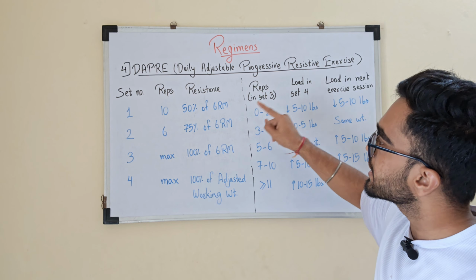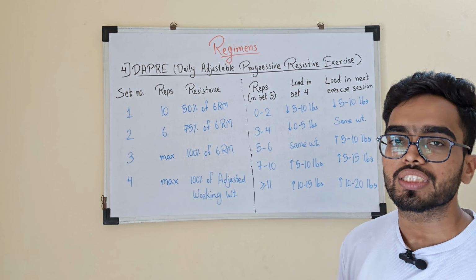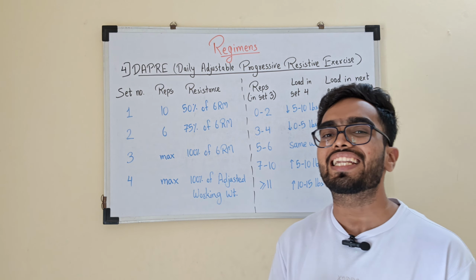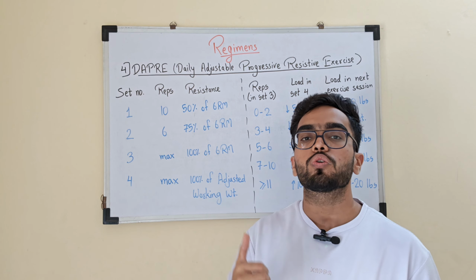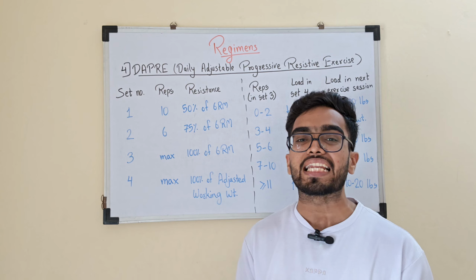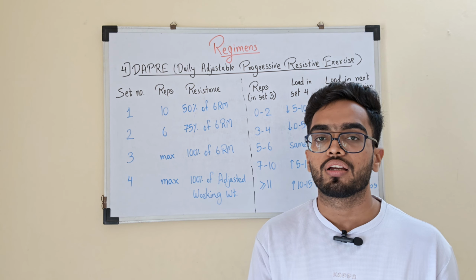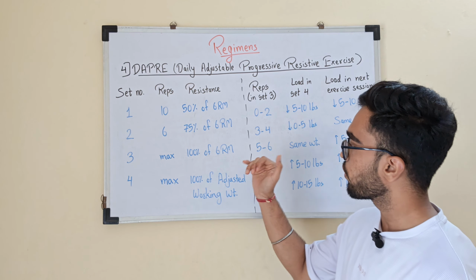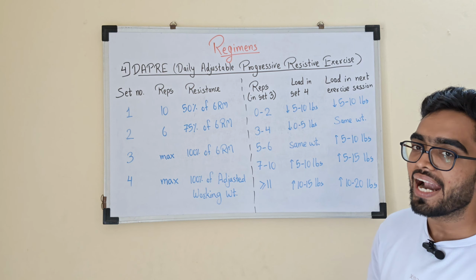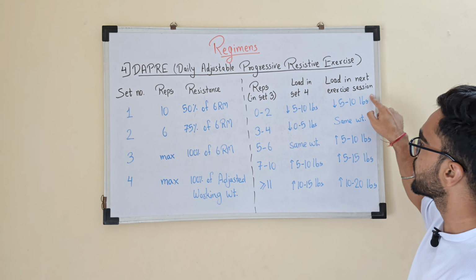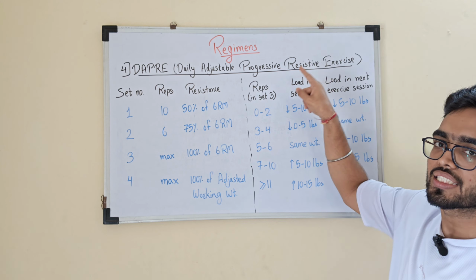So, the daily adjustable progressive resistance technique is done in highly trained individuals whose main goal is to focus maximally on increasing their strength. Okay, and you need to progress the fourth set of each day and the next exercise session according to the previous exercise session.